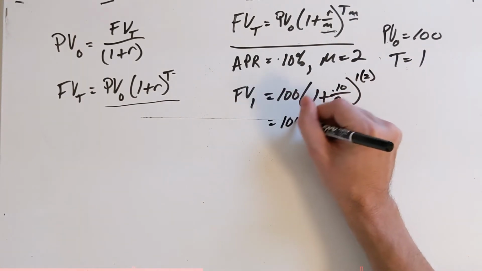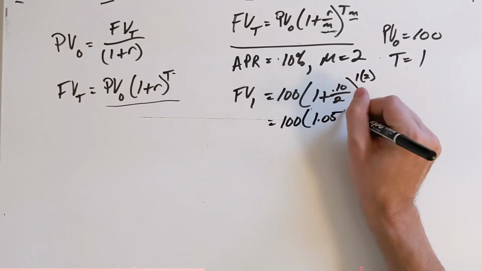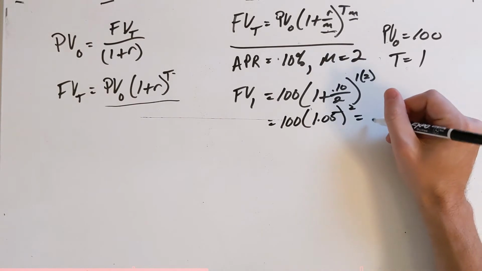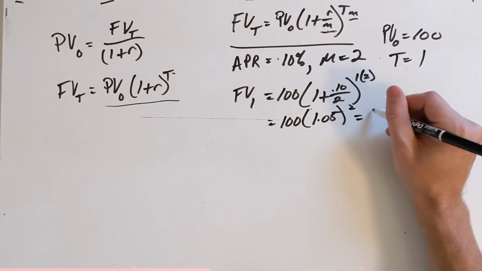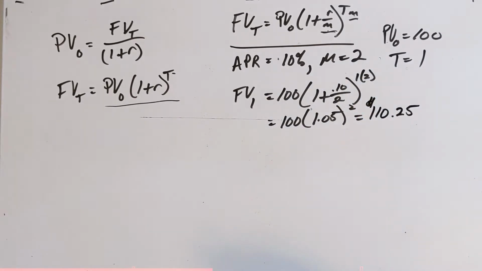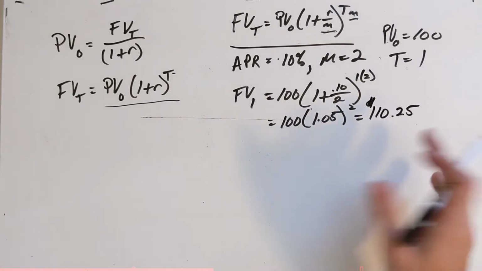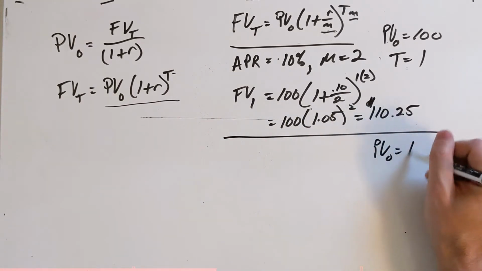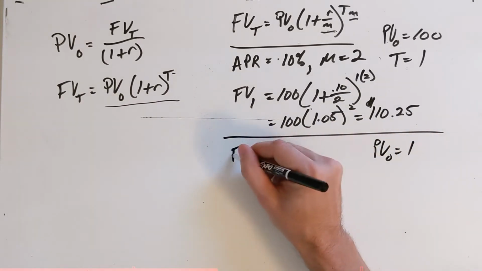It ends up being 100 times 1.05 squared. And because we've worked this earlier, we know that this ends up being $110.25.